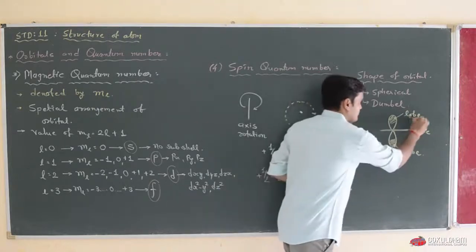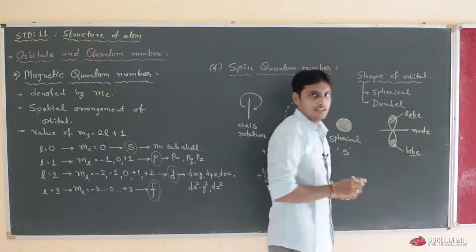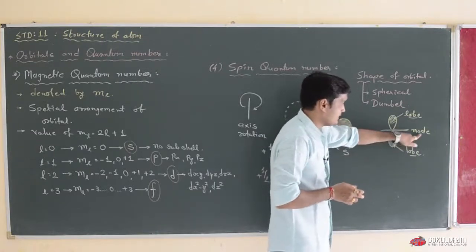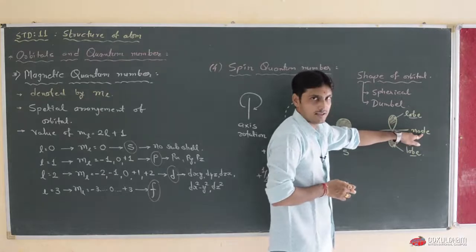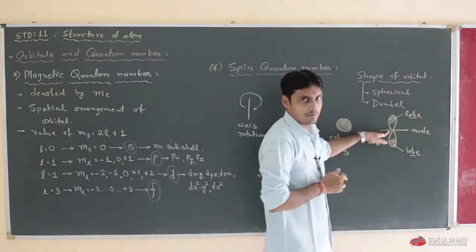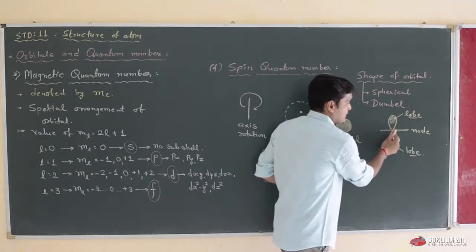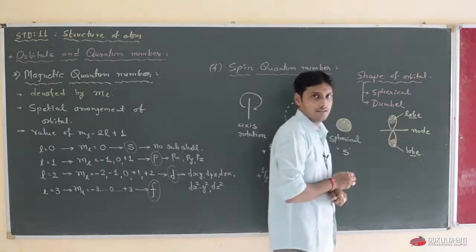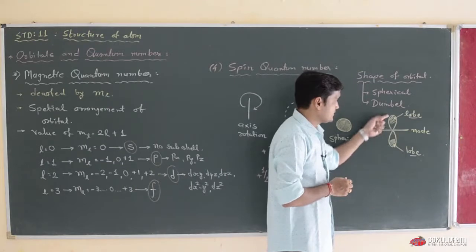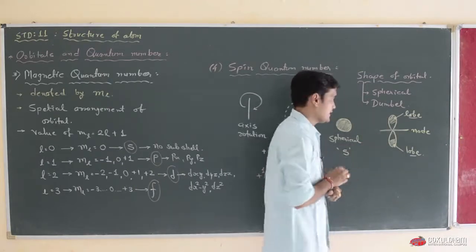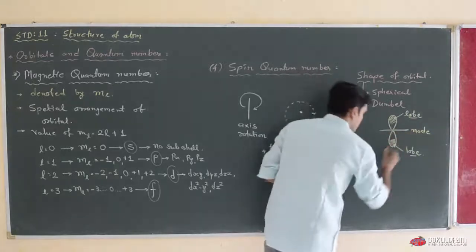This lobe contains the maximum number of electrons, and this node, the nodal plane, contains zero electrons. We cannot find any type of electron in the center of the shaped orbital. These lobes contain the maximum number of electrons.